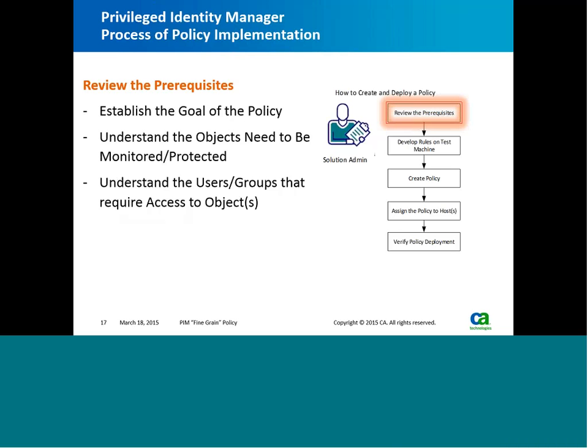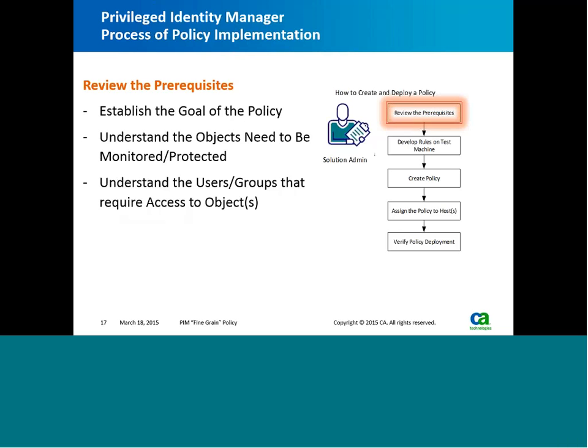I'm stating that in order to prevent those types of situations, I always believe you need to have a meeting to come together and talk about the goals and make sure that everyone understands what's going on, and try not to do this in a vacuum, all right? Lastly, understand the users and the groups that require access to the object.